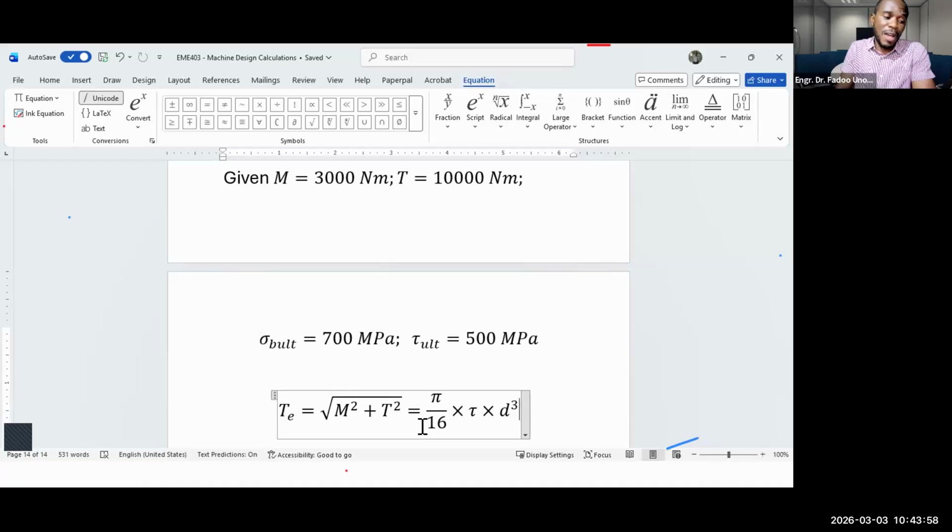So we can go and find this value separately and then bring it in.